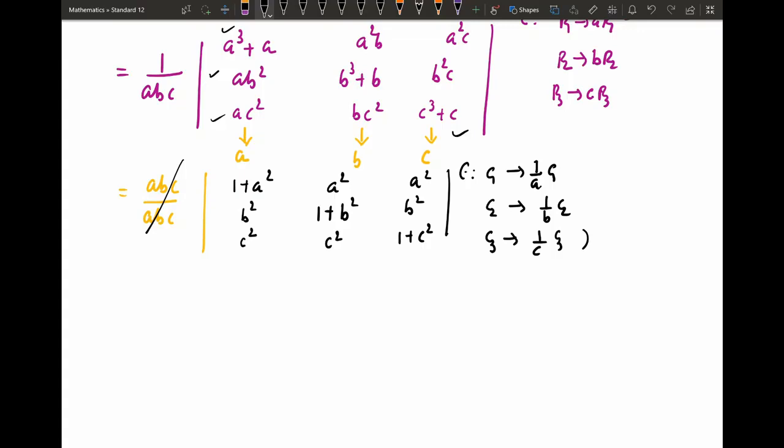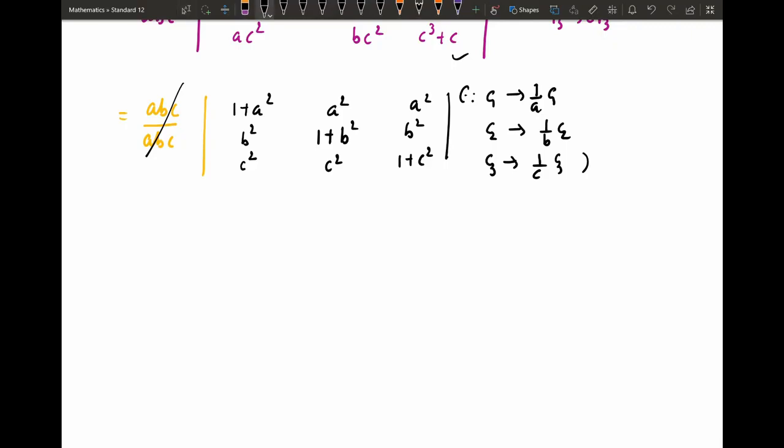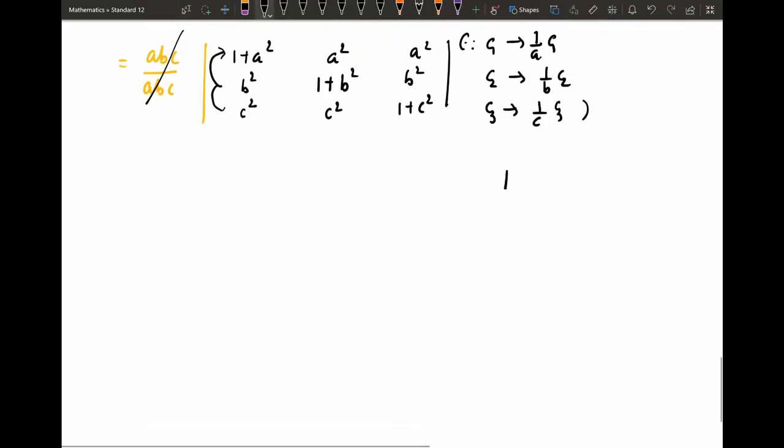Now we multiply the first and second row by 1 and add in the corresponding entries of the first row. So now we perform R1 to R1 plus R2 plus R3.